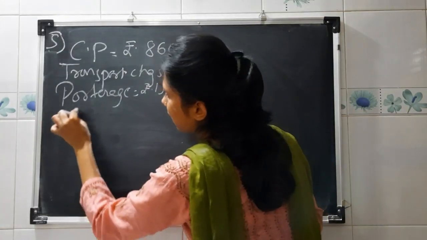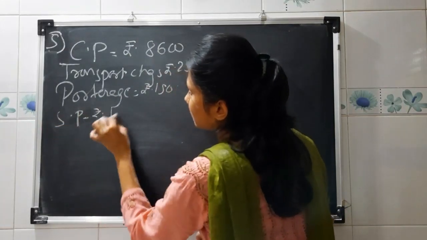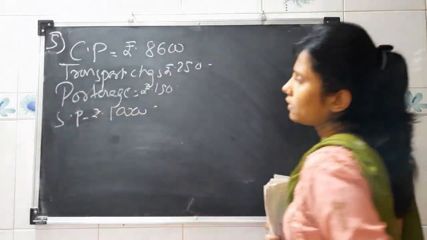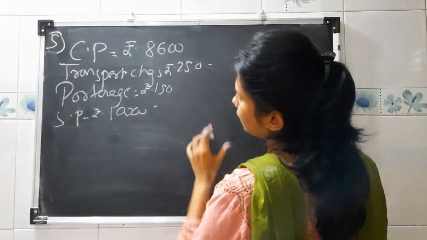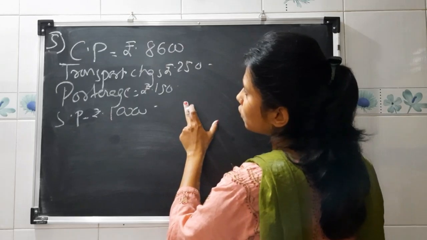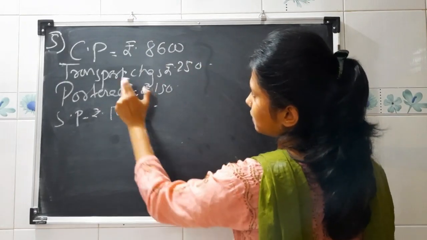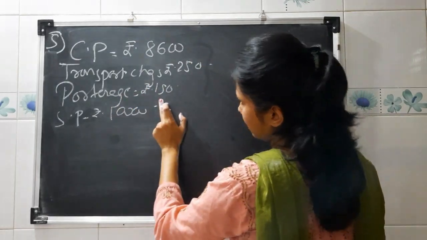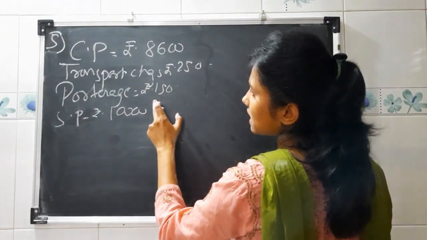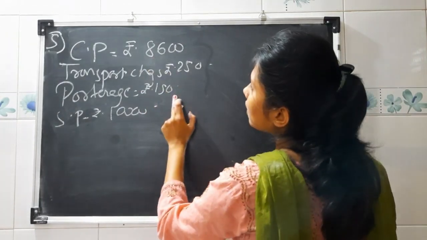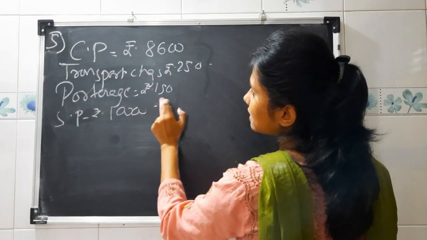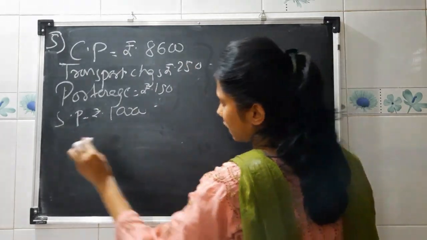Selling price they have given rupees 10,000. You have to first find whether it is a profit or loss. For that, first you will add all these expenses. Transport charges and porterage charges are the expenses made on the cupboard, so you have to include these expenses also into the cost price.